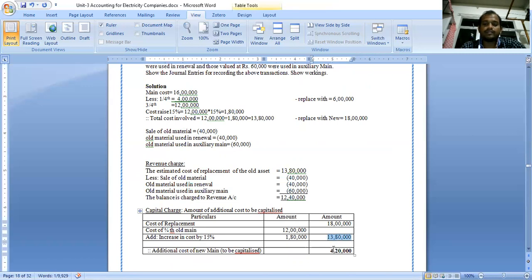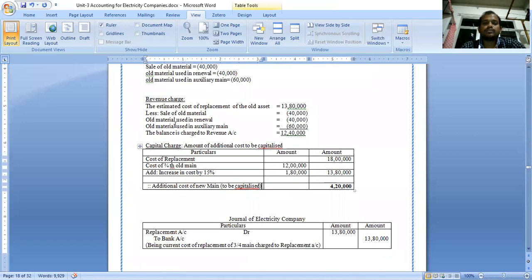So the difference amount 4 lakh 20,000 we have to capitalize, we have to mention this amount in the capital account. Okay, so this is very simple. We only have to estimate the cost of the old asset.